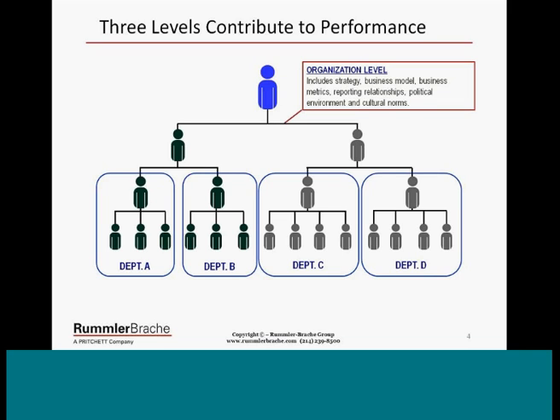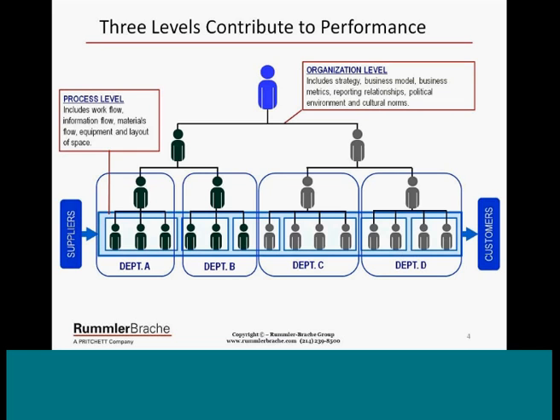The issue is that the component of the organization that actually delivers value to the marketplace is the process level, and this is the level we're going to talk about today. It includes workflow, information flow, materials flow, and even the layout of equipment and space. And we'll talk a bit about all of those, what the differences are, and what the linear map is actually depicting.